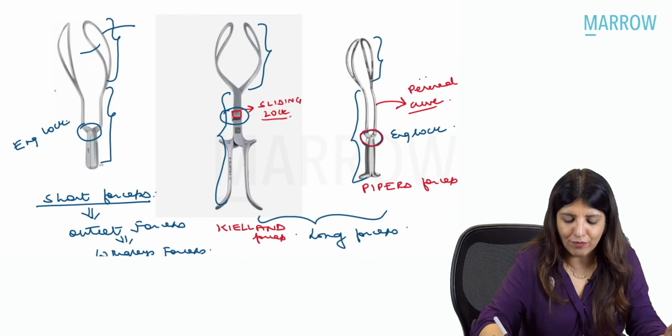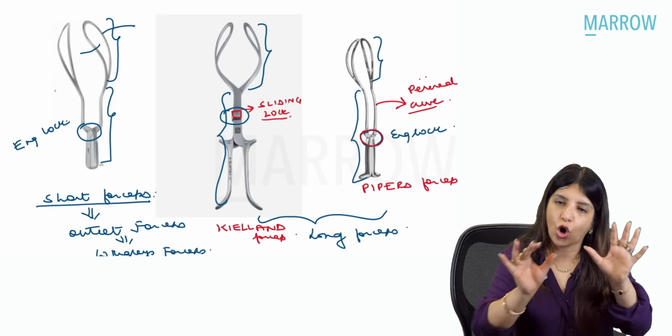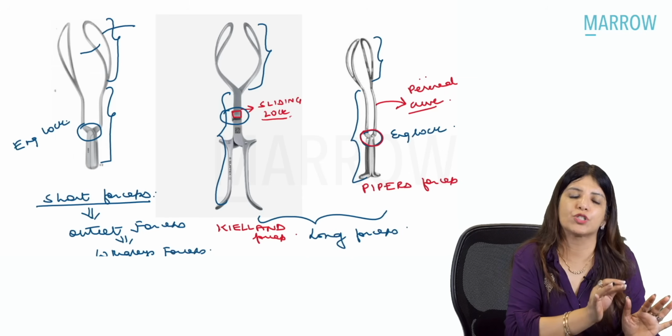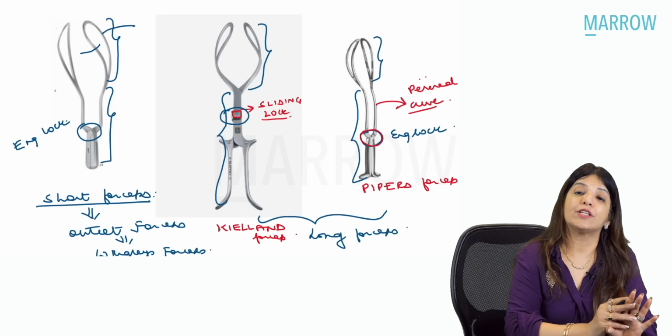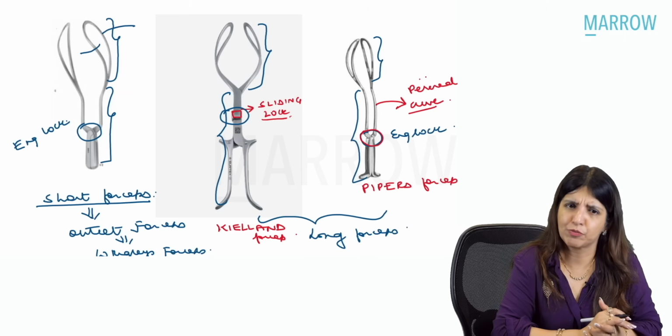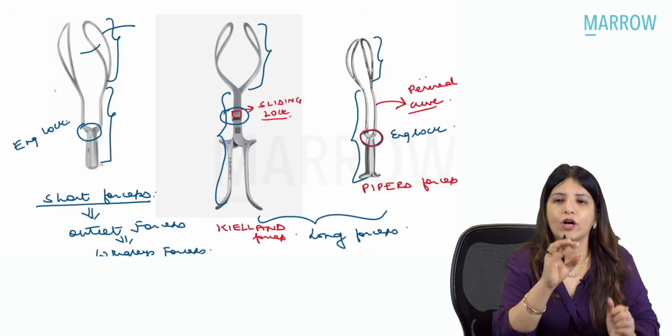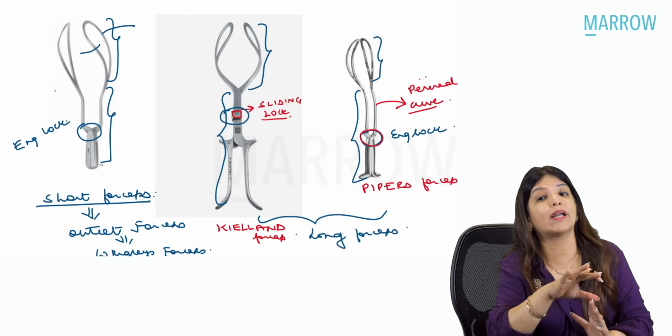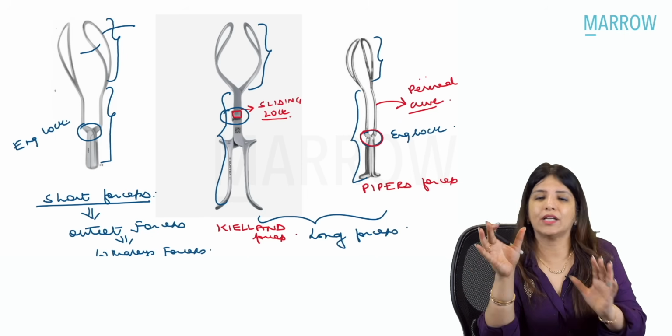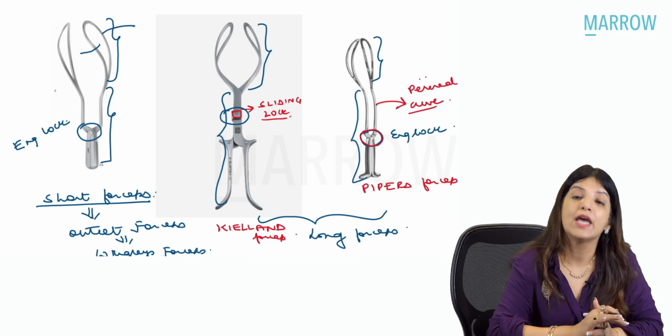So always you have to remember only these three forceps. If it is a short forceps, it has to be Wrigley's forceps or outlet forceps. If the image shows you a long forceps, it's very easy. If you are getting a button-shaped lock, it has to be Kielland forceps. If you are getting an English lock, it has to be Piper's forceps.